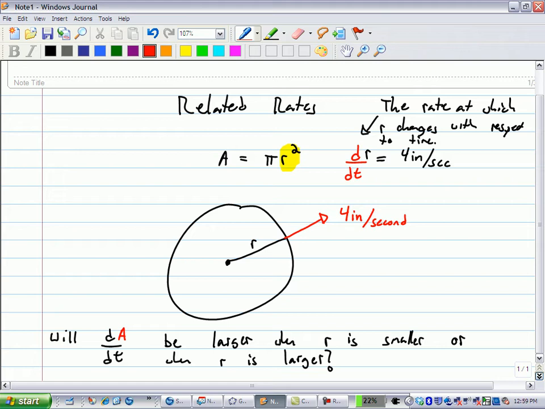Rachel? It's getting larger because if you plug 4 inches per second into where the radius would be, you get pi 4 squared. So are you trying to plug that 4 in for that r right there? Yeah.